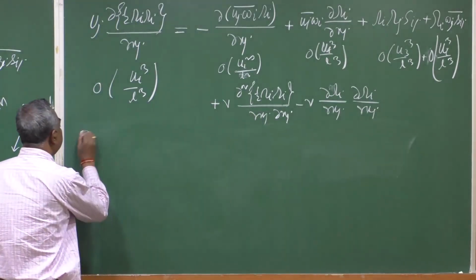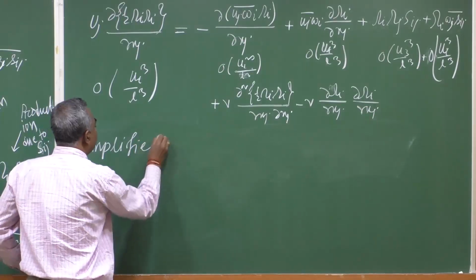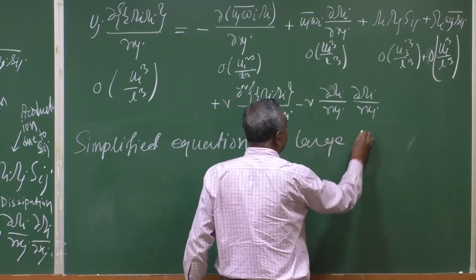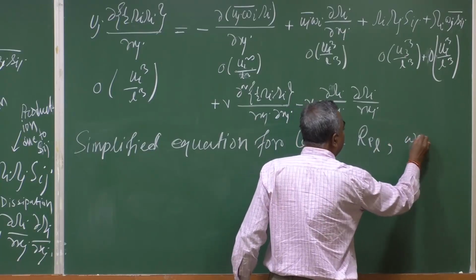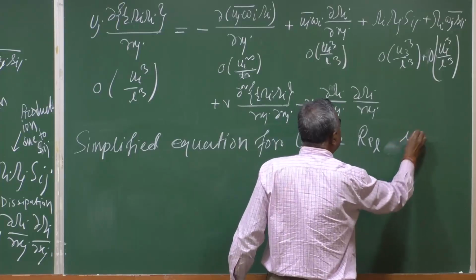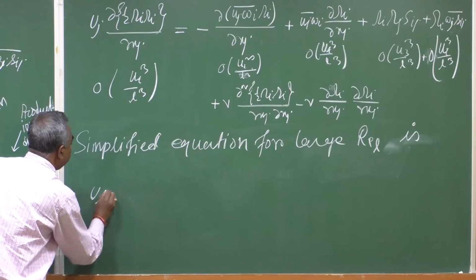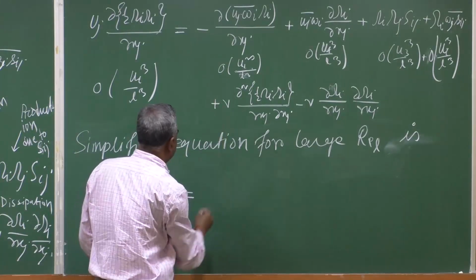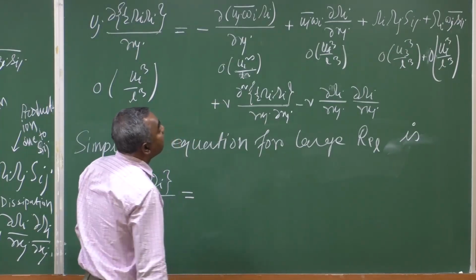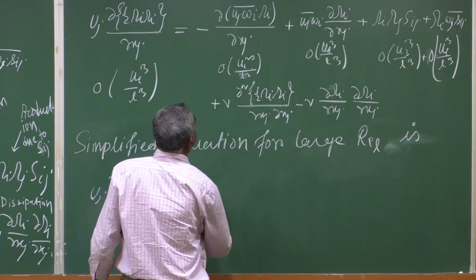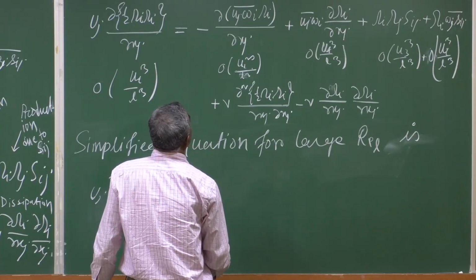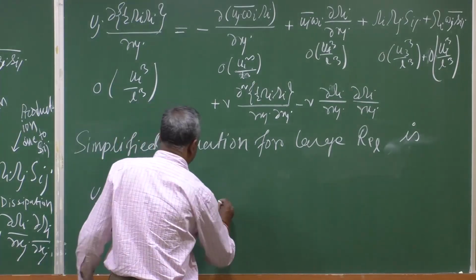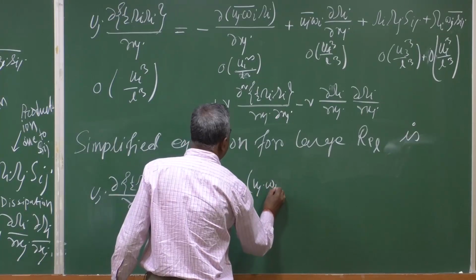So, simplified equation for large Reynolds number, for large value of REL we get uj del xj, okay, equals to this particular term, okay, or these two terms once again we can write as, these two terms we can combine the way it was, that is sigma I del uj omega I bar, okay.